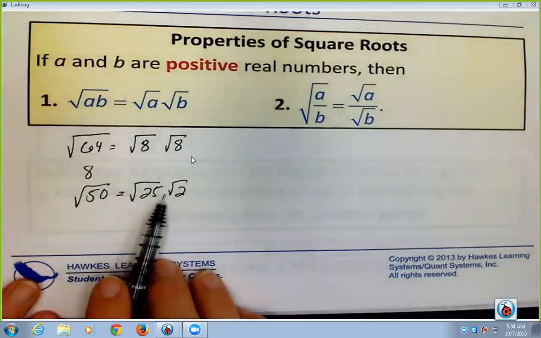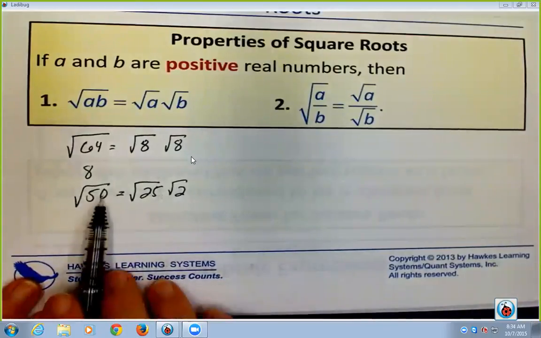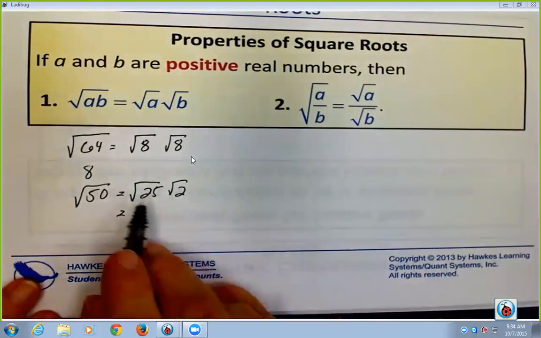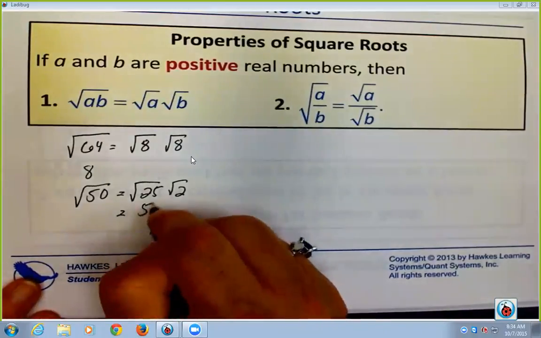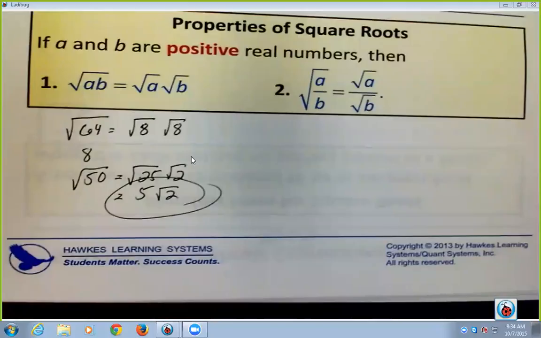Sometimes that's a tough way to do these, and I'll show you a different way of looking at those as well. But what my answer would come out to be is the square root of 25 is 5 times the square root of 2, and that is pretty much exact. If I put the square root of 50 on my calculator, I'll get a decimal. And so we didn't want decimals at this point with these.